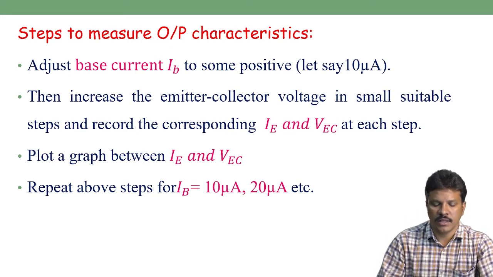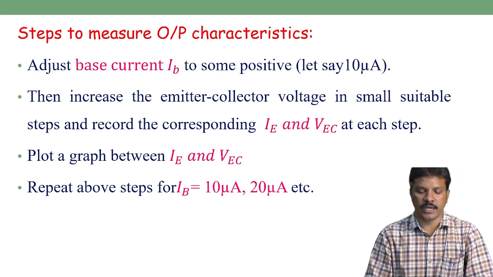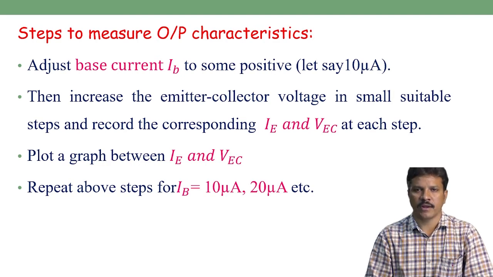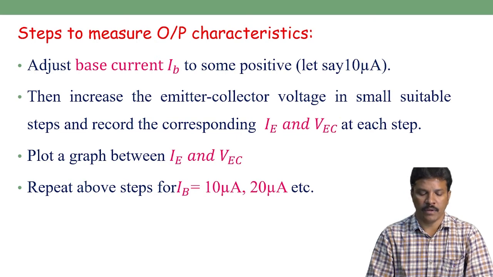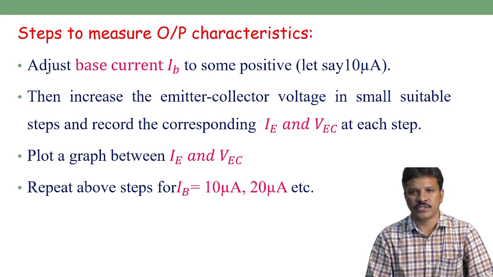So here is the procedure to get the output characteristics. How can we get the output characteristics from the common collector configuration circuit diagram? From the general definition of configuration, output characteristics can be measured from the output current and output voltage by keeping the input current constant. So the first step is to keep the input current constant.